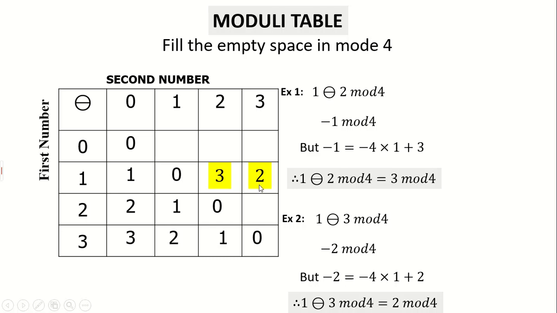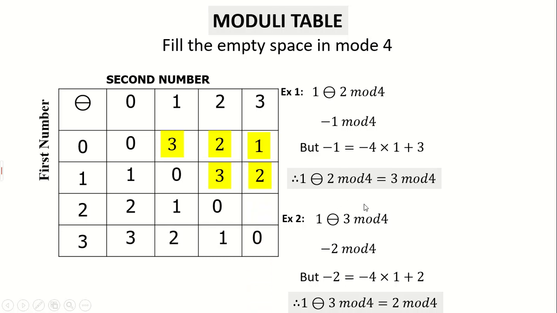Following this trend, you can obtain the other ones. If I say 0 minus 1, that is going to give minus 1, which is similar to this, so the answer is still 3 there. Again, if I say 0 minus 2, it's going to give minus 2, which is also similar to this, and the answer will also be 2 there.